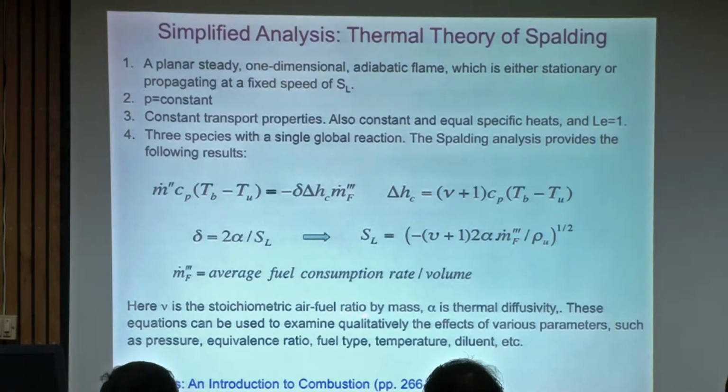Nu is the stoichiometric fuel air ratio. Actually, we use this even if it is not stoichiometric value. So you are given, let's say, certain amount of fuel and certain amount of air, then you can calculate what is the value of nu. So it doesn't have to be exactly stoichiometric.